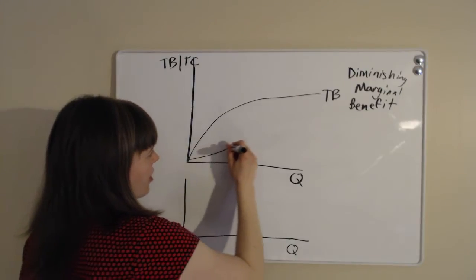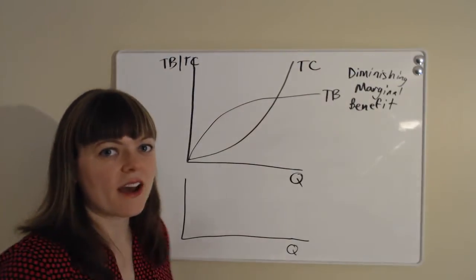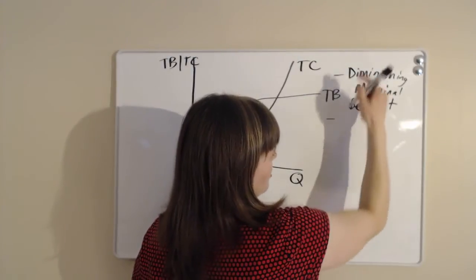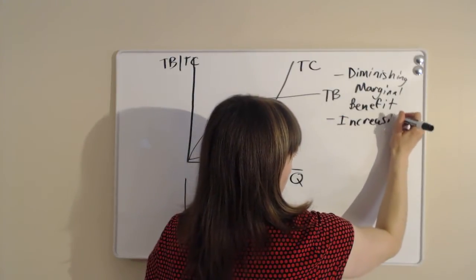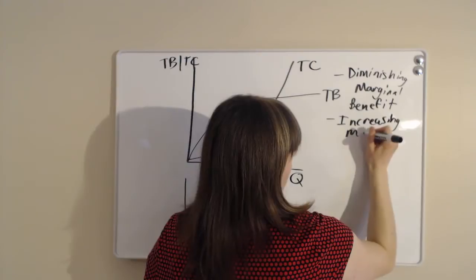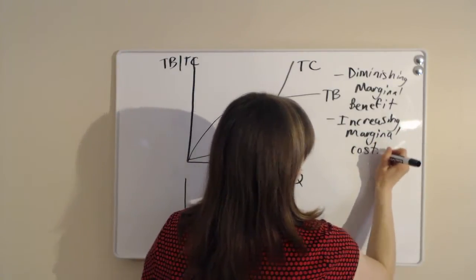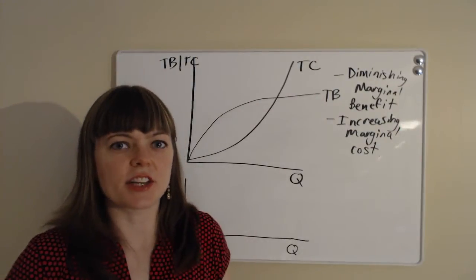Now our total cost curve has the property of increasing marginal cost, which is another property very similar to diminishing marginal benefit. That's increasing marginal cost. And so the question is, why are costs increasing? And the same basic logic holds.